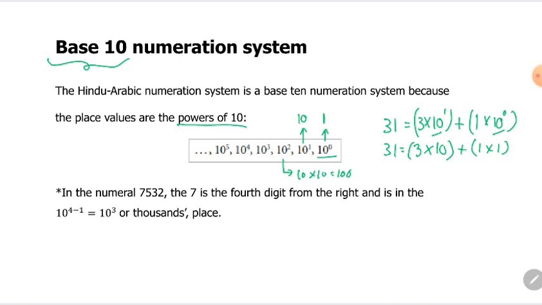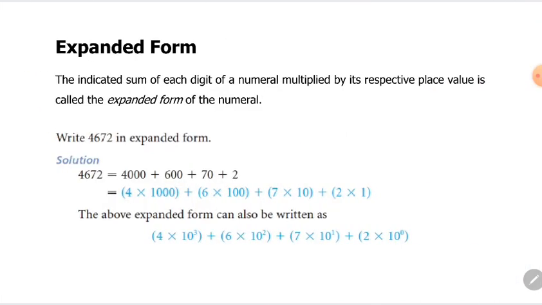Okay, in the numeral 7,532, 7 is in the 4th digit, so that's in the thousands place. Again, you can write this in expanded form, the indicated sum of each digit of a numeral that is multiplied by the respective place value. So 4,672, if you expand that, that's 4,000 plus 600 plus 70 plus 2.